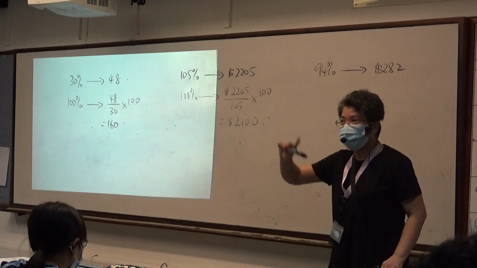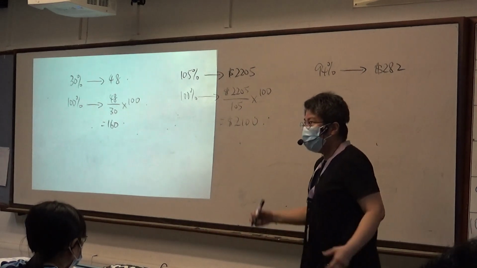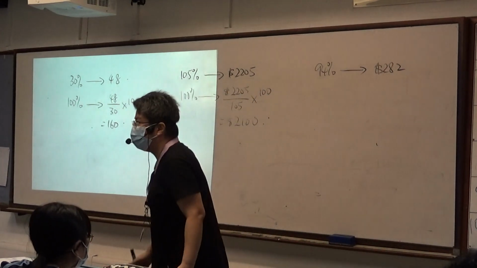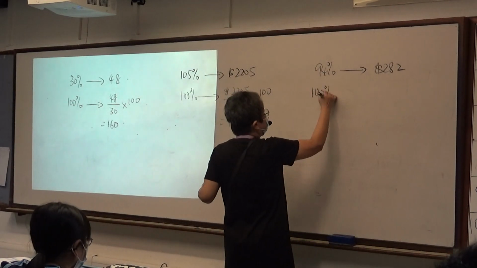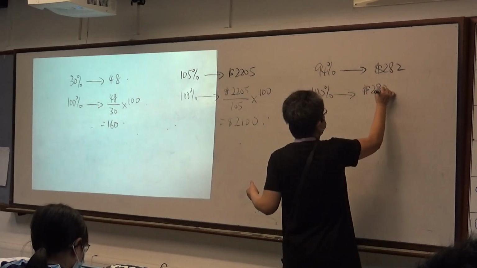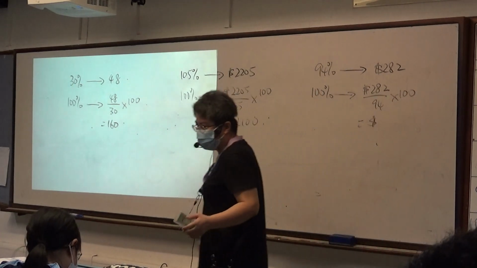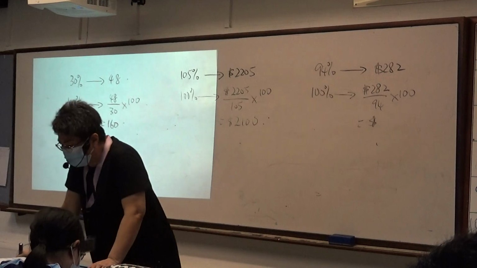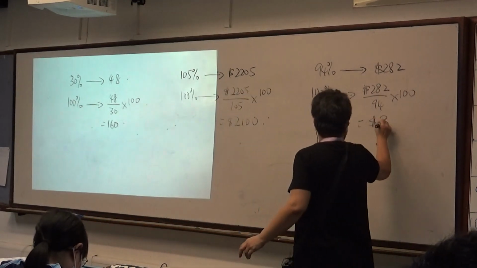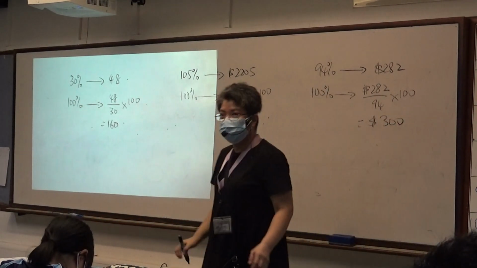Correct. Because 6% deducted already, correct? Original bill is how many percent? 100. So this will be 282 over 94 times 100. So the answer will be how much? $300. That will be the original bill.